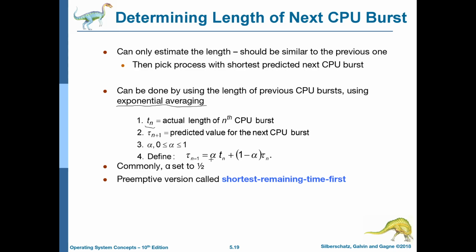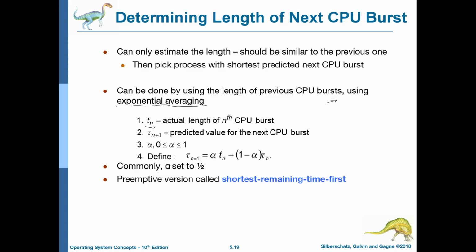Now there's this value called alpha. This alpha value determines how to balance the prediction based on the last burst time versus the last average time.